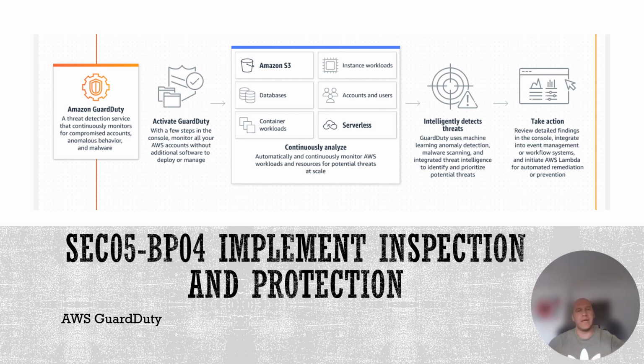So it's a great way to get an overview and see potential threats in your environment, to detect potentially anomalous behavior and prevent threats before they become data breaches. So please make sure you are aware of how to deploy and use Amazon GuardDuty.